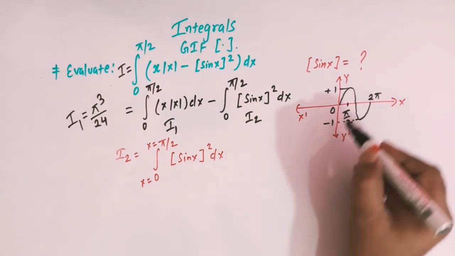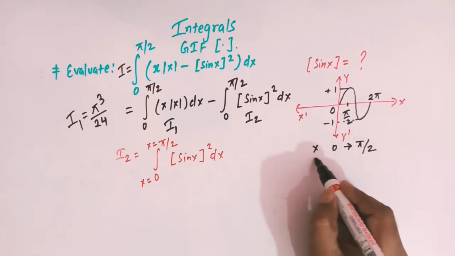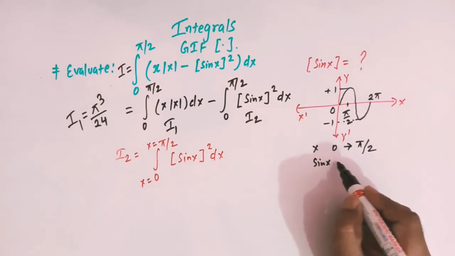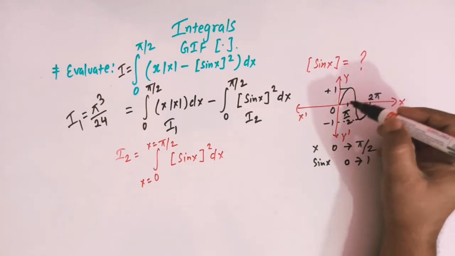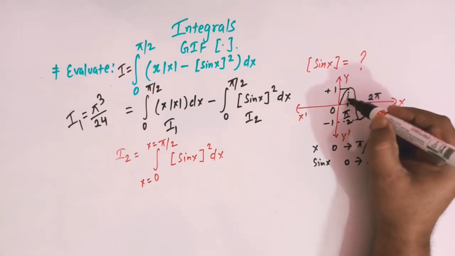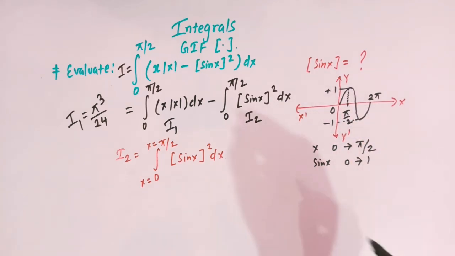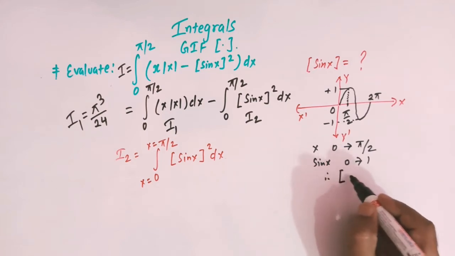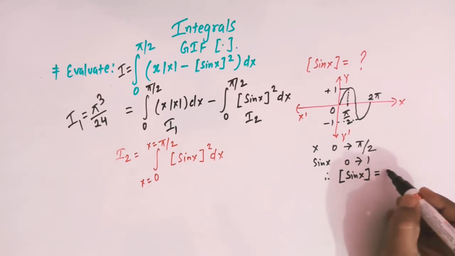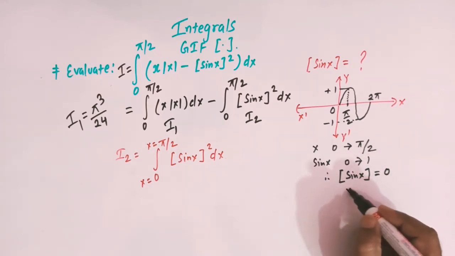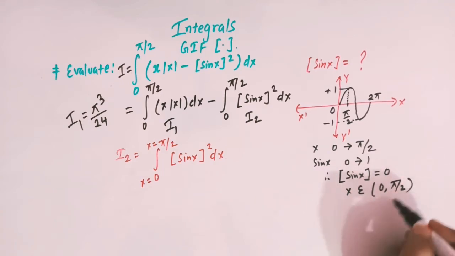So we see that when x varies from 0 to pi by 2, the value of sin x varies from 0 to 1, right? So therefore the value of greatest integer of sin x would be always equal to 0 when x varies from 0 to pi by 2, right?